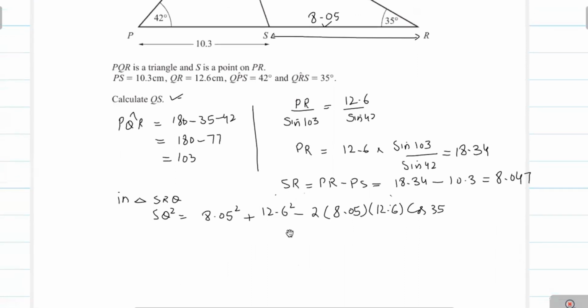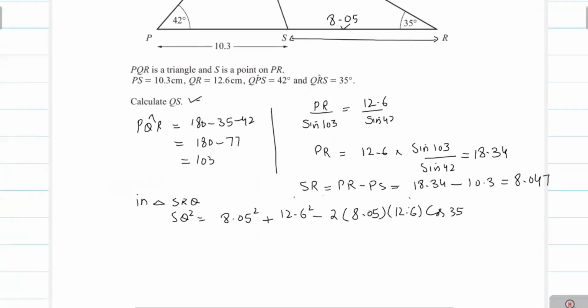Now we calculate this value. This value will be equal to 57.38 as SQ square. We take the square root and this will be equal to 7.575, and this we can write as 7.58, and this is the answer.